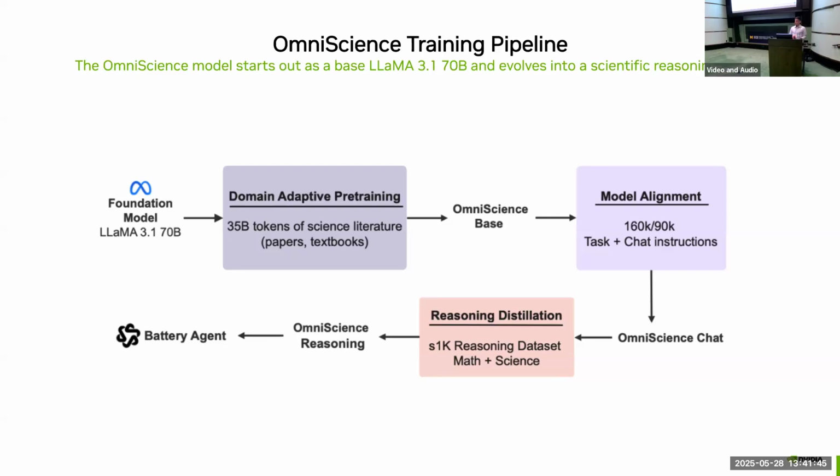And this is called the Omniscience chat model. And then finally, we tag on this reasoning distillation phase, which involves incorporating reasoning into our model by way of distillation. And I'll cover the specific way in which we do that in a little bit. And finally, further on, I'll cover how this reasoning model was used in a battery agent framework.